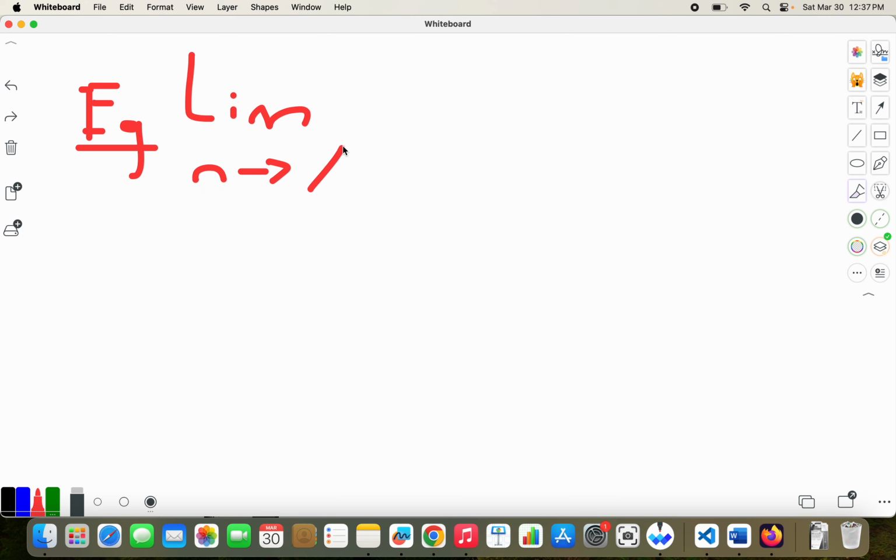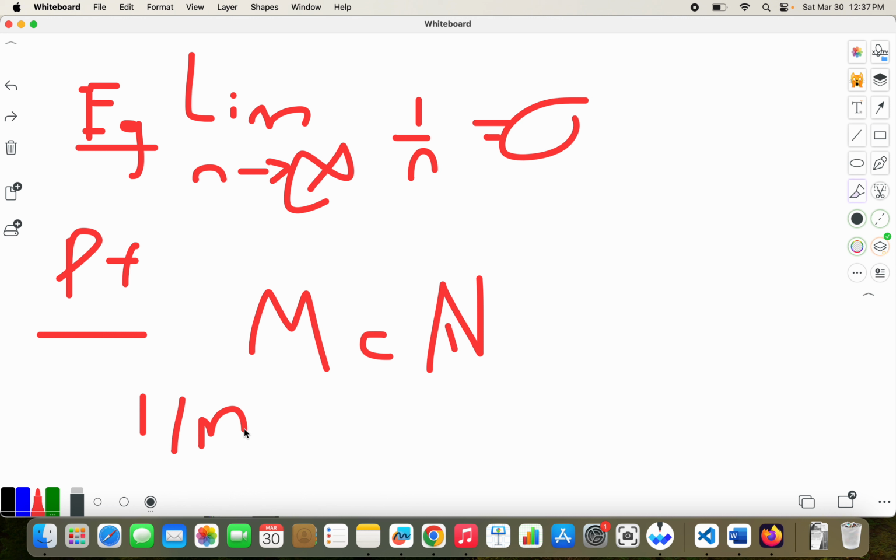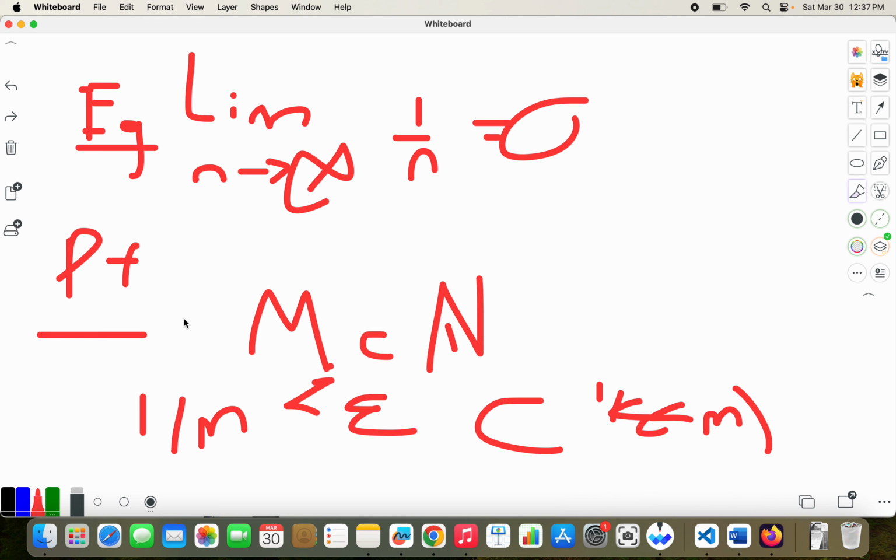The limit as n goes to infinity of 1 over n equals 0. Proof: let epsilon be greater than 0. Choose m to be a natural number such that 1 over m is less than epsilon. Technically such an m exists by the Archimedean property.